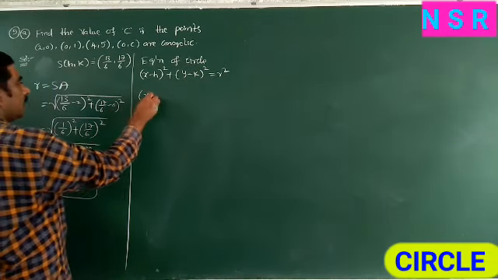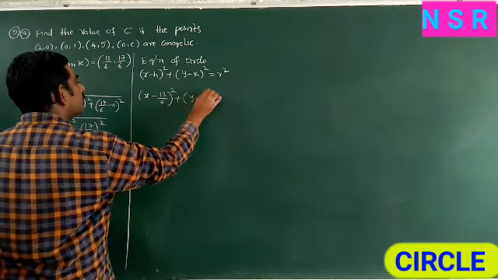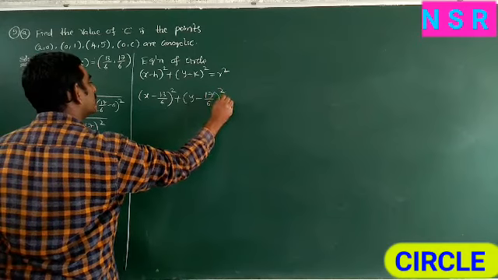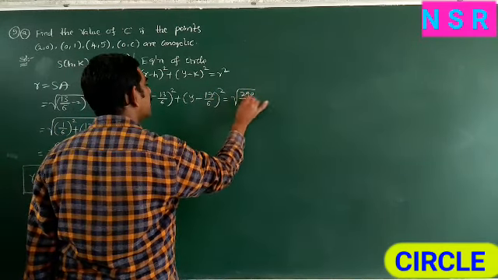So (x minus 13 by 6), (y minus 17 by 6) and radius r square is 290 by 36.